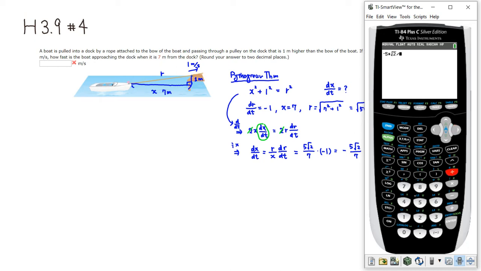With 2 decimal places, it comes out to be negative 1.01. So let's type it in.